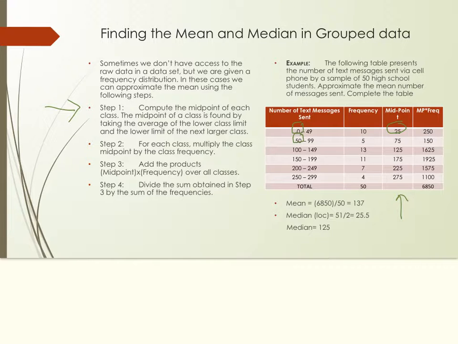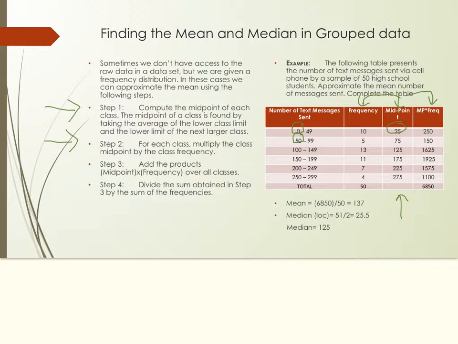So in the next step, for each class, you multiply the class midpoint by the class frequency. So we're going to take the midpoint value and multiply it by the frequency to get a value which is the multiplication of the midpoint times the frequency. And in our first line of example, we multiplied 25 times 10 and we got 250.